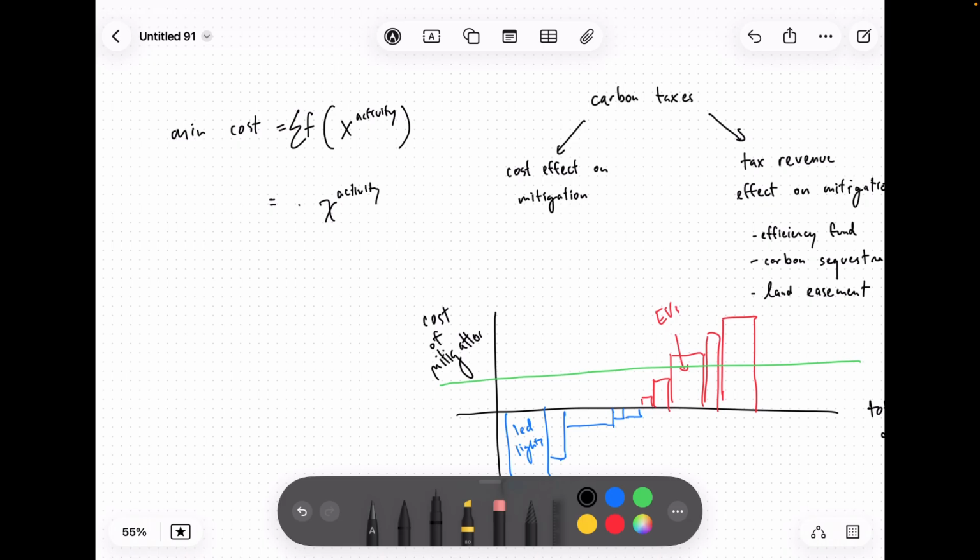So these may have some kind of cost associated with them at first, and adding the carbon tax, you probably have something like X activity times some amount of emissions times your tax, right? And so this would be a cost component term.